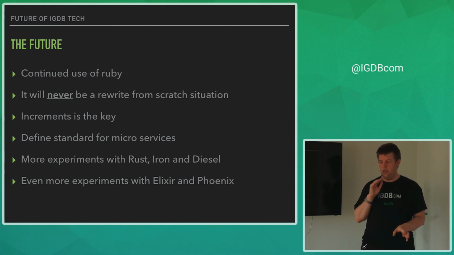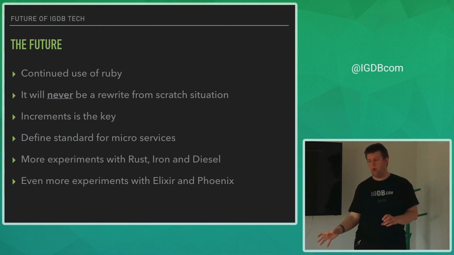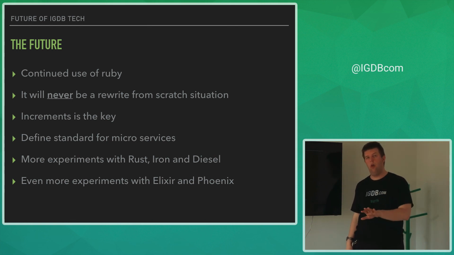I would also love to do more experiments with Rust, Iron, and Diesel, which are amazing libraries, and it's much more low level than Ruby. It's closer to even C++, which makes it very performant.